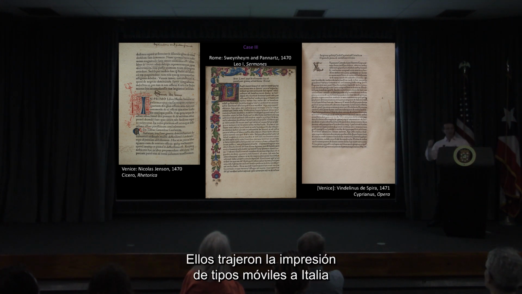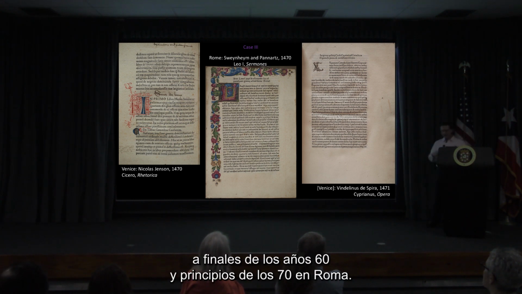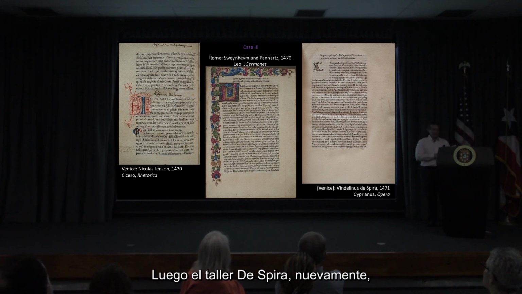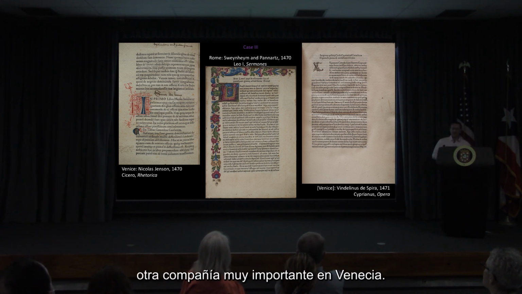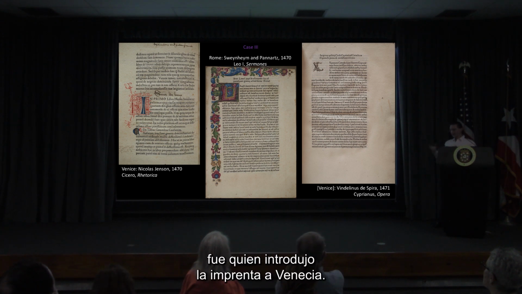They are the ones who brought movable type printing to Italy and were a big business in the late 60s and early 70s in Rome. And then the De Spira workshop. Again, another very important firm in Venice. In fact, De Spira, the brother Johannes, he's the one that introduced printing in Venice.